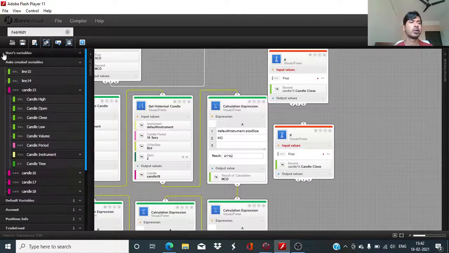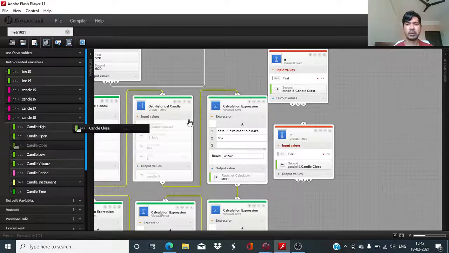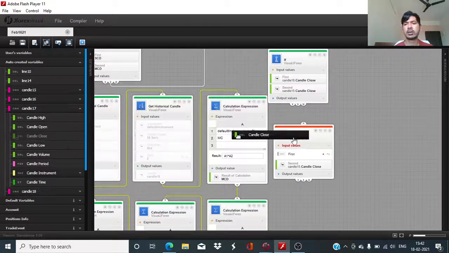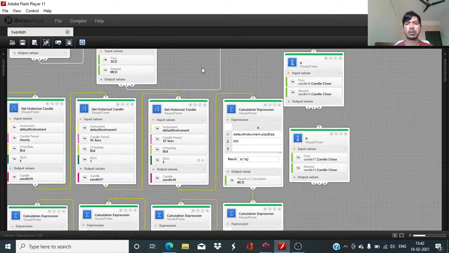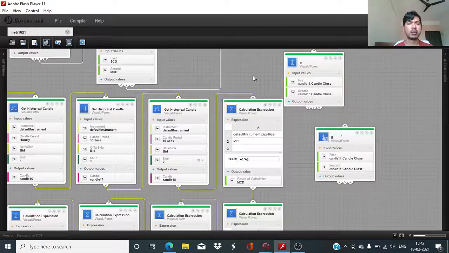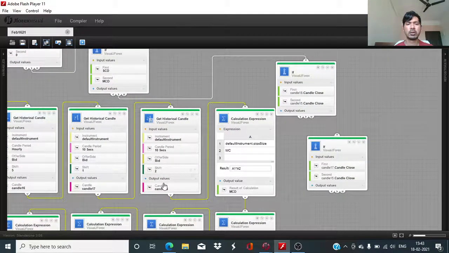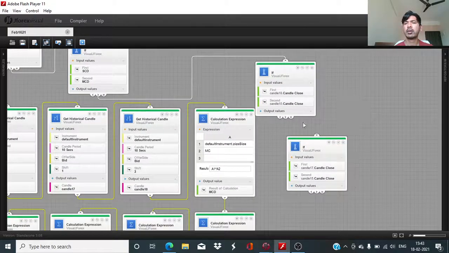Candle 18's close should be higher than candle 15, and candle 17's close should be lower. Okay, first input greater than second input.